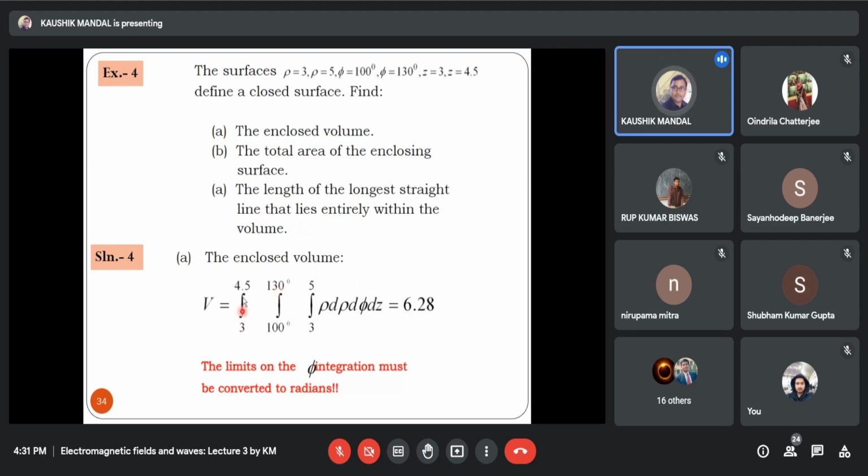Z is varying from 3 to 4.5. If you solve it, it will be 6.28. The point is that you have to convert it into radians. For the phi integration, you have to convert it into radians, because the other two are magnitudes, so you can't integrate directly with degrees. You have to convert it into radians. You will check the calculations.